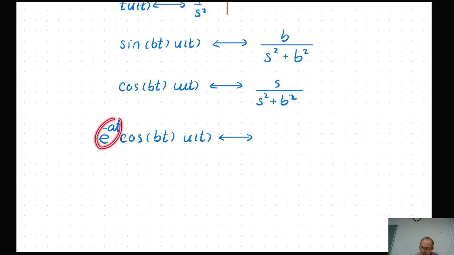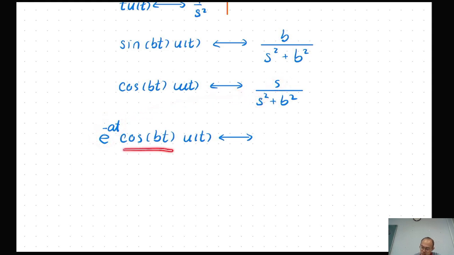Notice that I'm multiplying e to the negative at to cosine, right? So I know that in the s domain, I have to replace every time I see s with s plus a. So here multiplying with exponential corresponds to replacing s with s plus a.